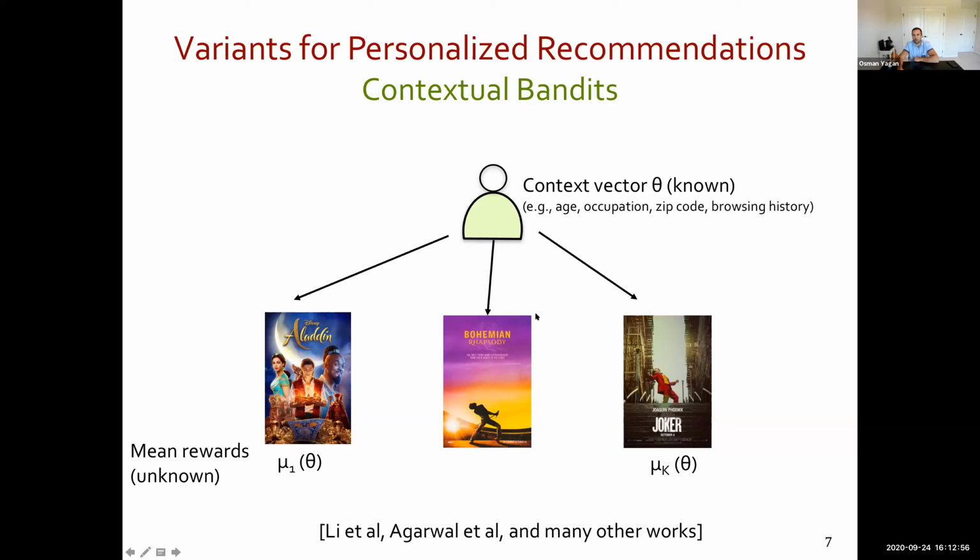So you get to know which age and occupation pair returns what kind of reward for this movie or for this advertisement, and similarly for all others, and eventually get to do the best possible personalized recommendation for each given age, occupation, pair, or other context. You can basically recommend the movie that they will like with highest probability or with the highest utility, whichever utility definition you are using.